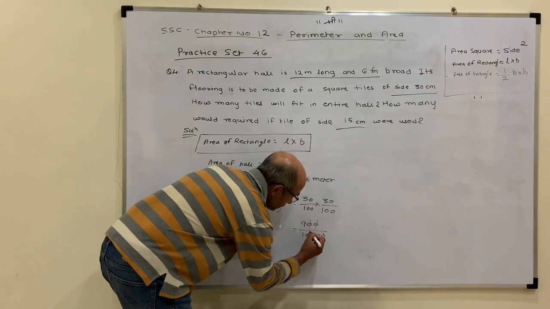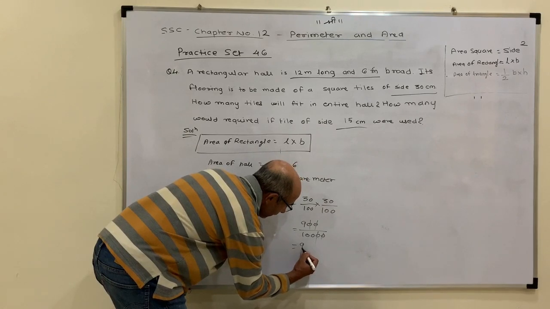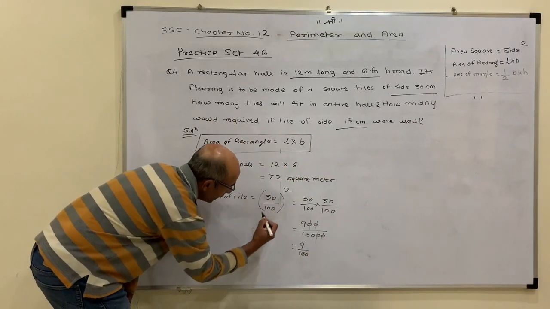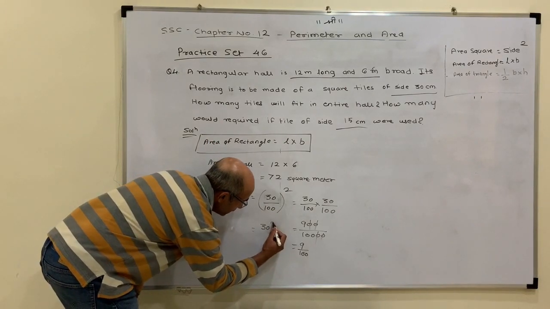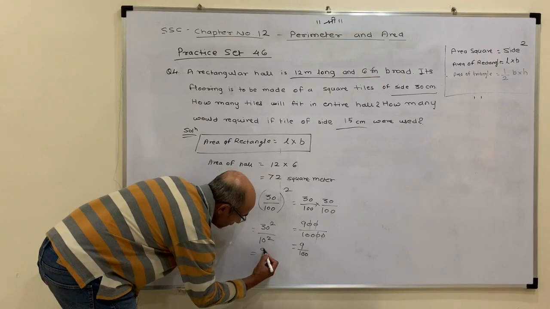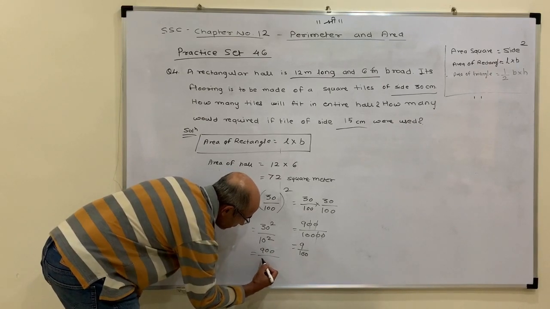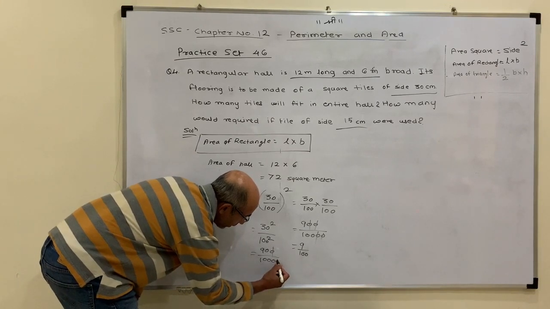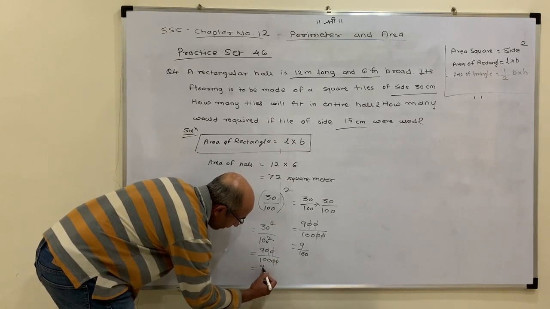So this 0 gone. So 9 divided by 100. That means 30 square divided by 100 square. 30 square is 900 and 100 square is 10,000. So 9 divided by 100.